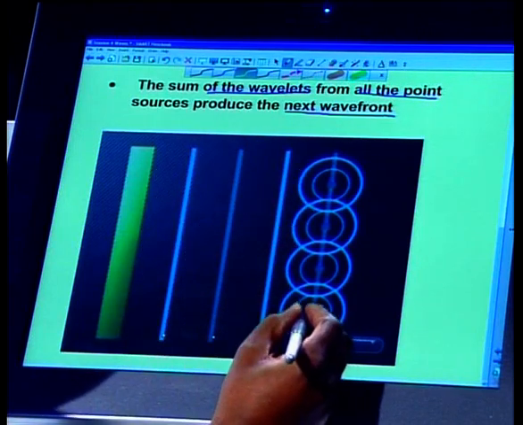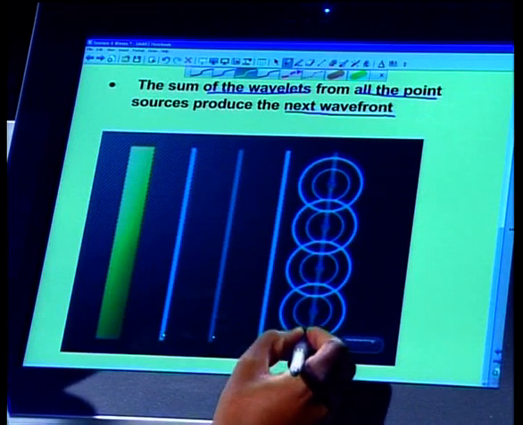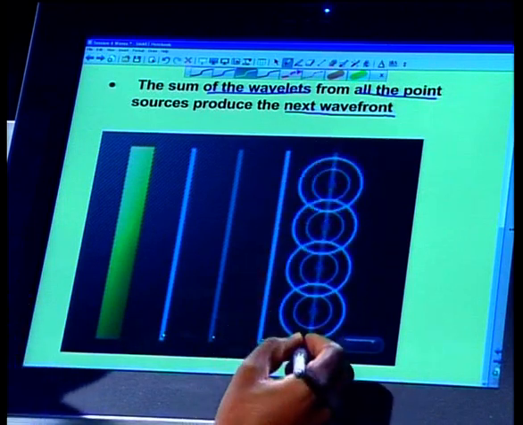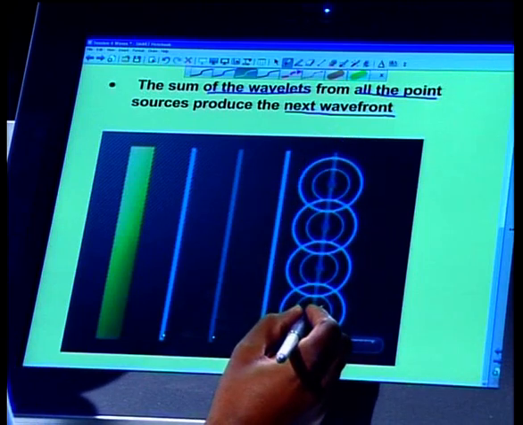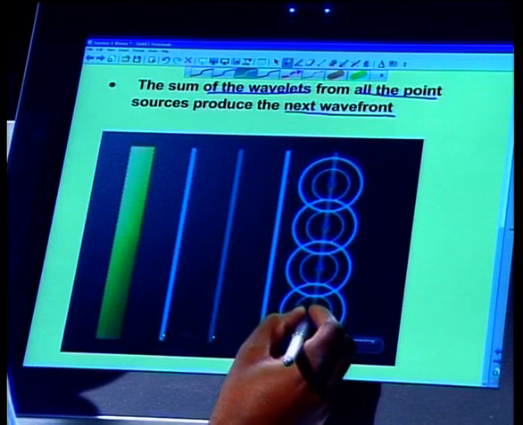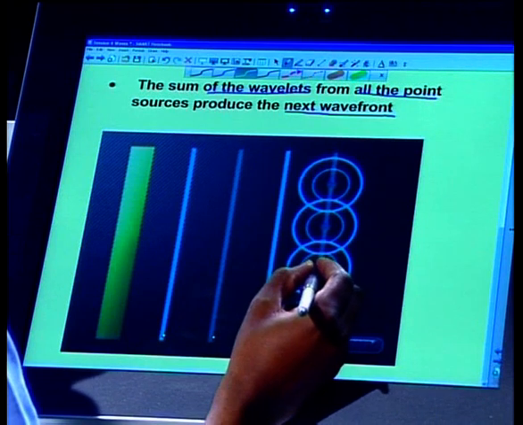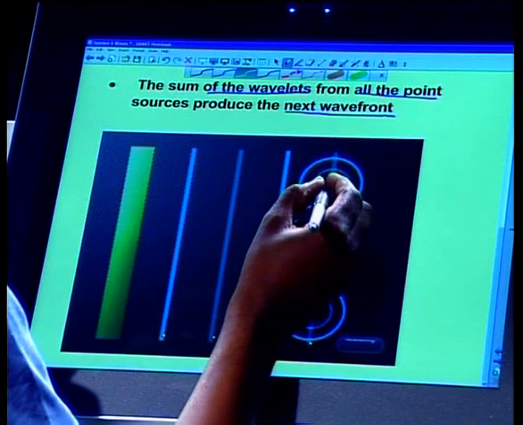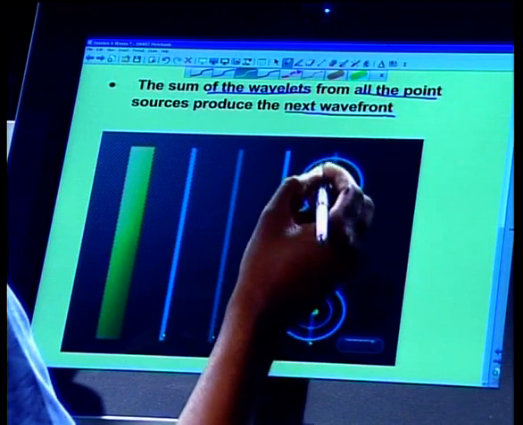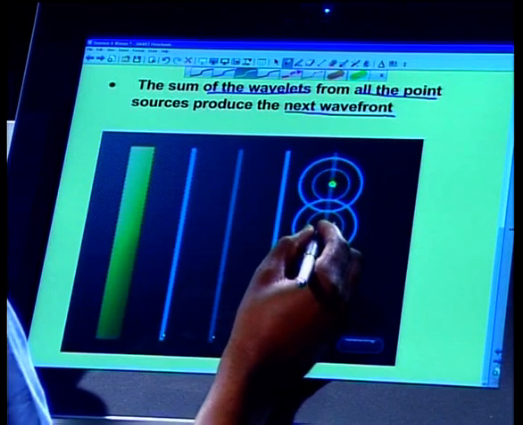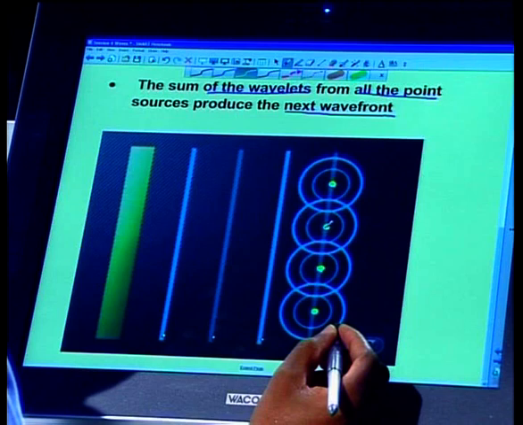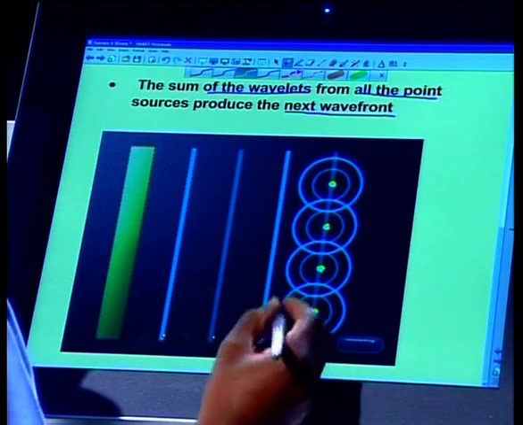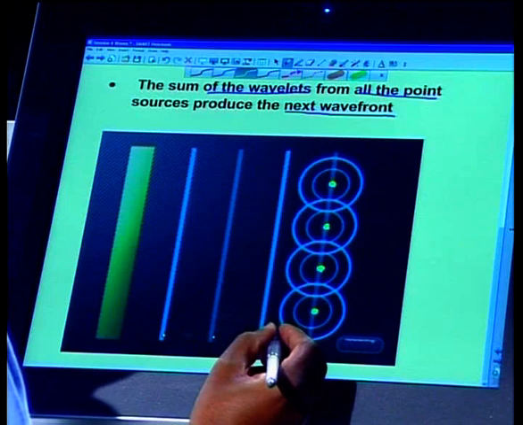Now, let's look at this one here. On this wave front, from bottom upwards, we can look at points on the wave front. And these points here, according to Huygens, act as secondary sources of wavelets. They generate those waves, and look at how the waves move.